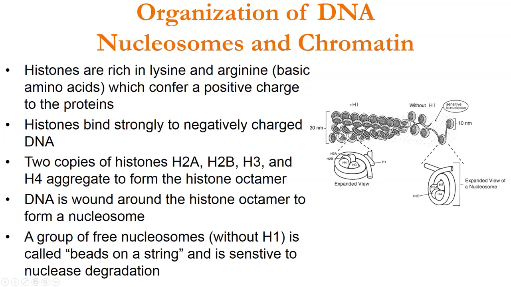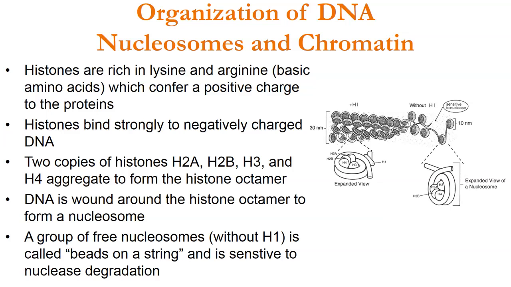If you have a group of these free nucleosomes, which is shown right here in this part of the figure, without this H1, which I'm going to get to in a second, we call this the beads on a string model. So you do have regions of that DNA that are a little bit exposed, and there are nucleases around. One of the things the cell has to do, and it's a central concept in biology, is balance between times when DNA needs to be exposed, like when you want to transcribe or replicate it, and protecting it, because DNA is your hard copy of genes.